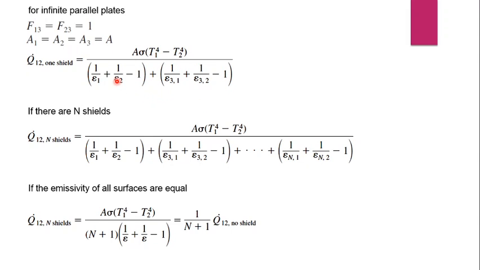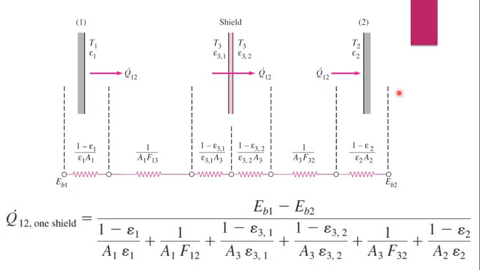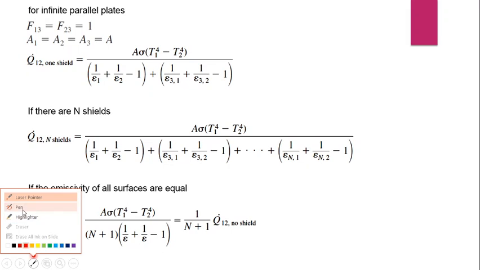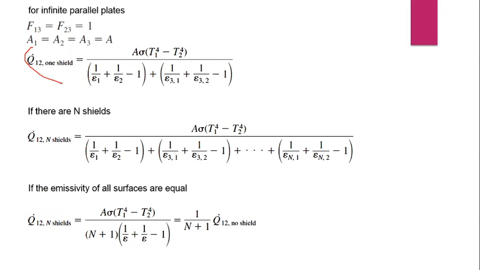Okay, so what will happen? What usually happens if you don't have a shield between these two surfaces? In that case, what expression are you going to find? Only this much expression, only this much expression you are going to find in the case where you do not have a shield. We know this equation already, but if you have a shield, you can see here you are finding a new expression of resistance.